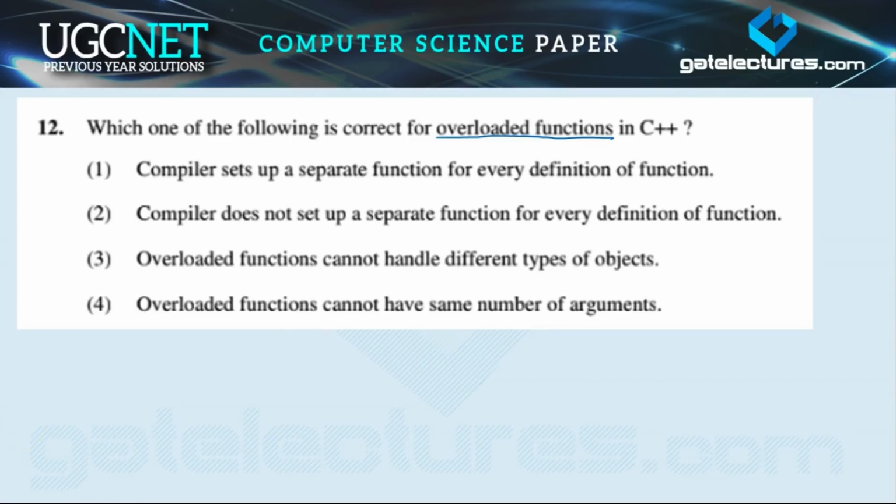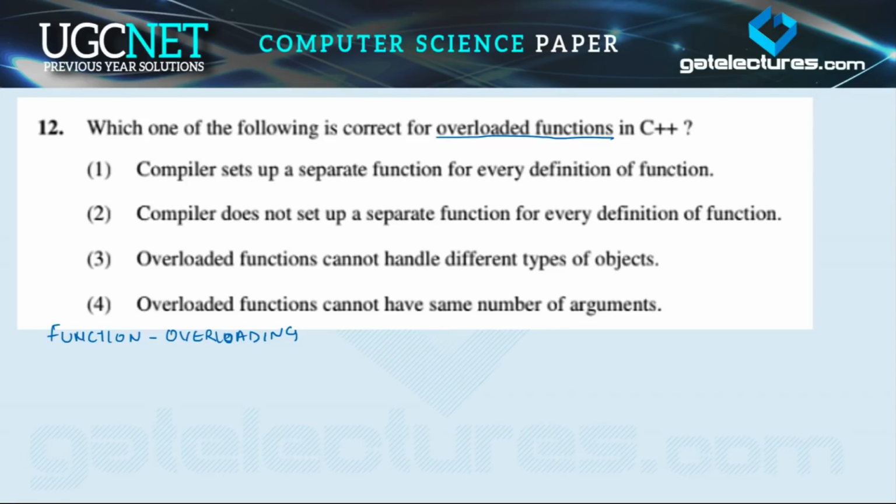Now first understand what is an overloaded function in C++. So the thing is function overloading. What do you understand by function overloading? You know that in a program there are so many functions present. But sometimes it will be a case that two functions have the same name, right? But the arguments present in the functions are different, right?